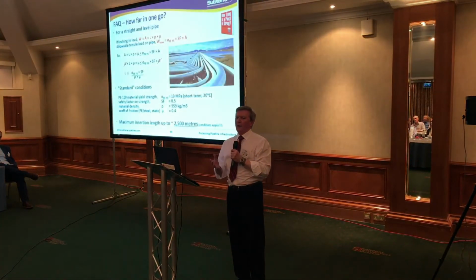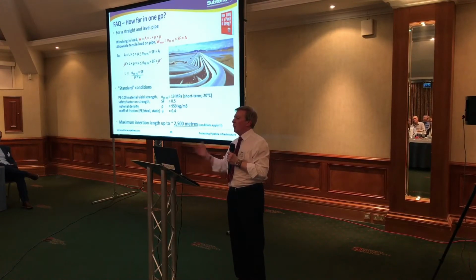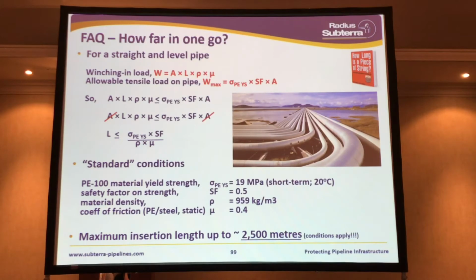Right, how far in one go? This is probably the easiest. We saw that in the winching-in situation, you've got a force that you need to winch the liner pipe in, and that has to be less than the available strength in the pipe. So if you produce that as an inequality, you find out that the maximum length depends on the only variables in that equation, really, which are the strength of the PE pipe and the coefficient of friction.